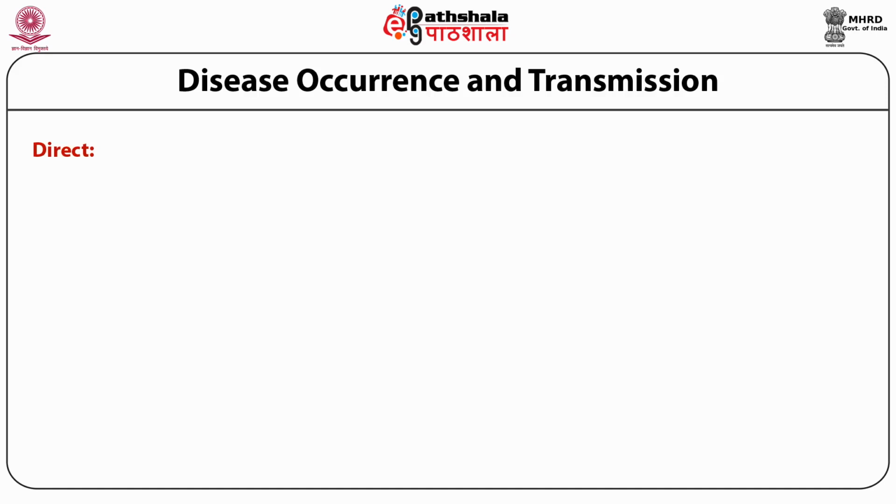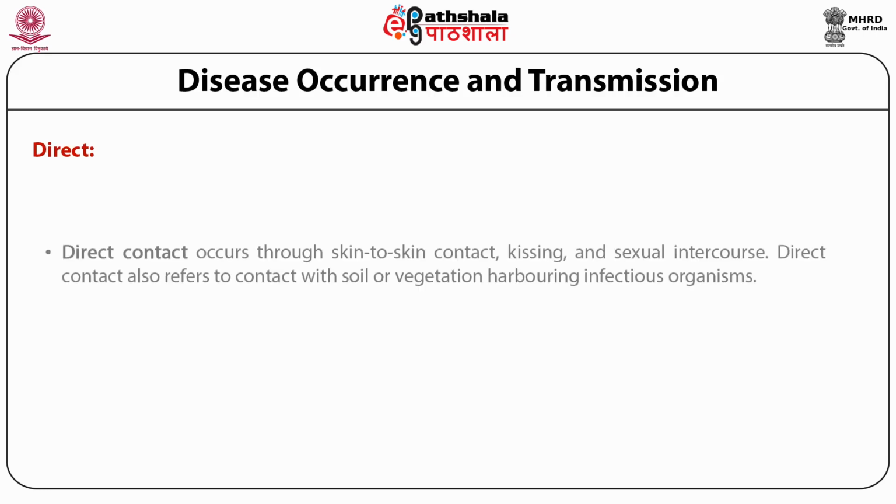In direct transmission, an infectious agent is transferred from a reservoir to a susceptible host by direct contact or droplet spread. Direct contact occurs through skin to skin contact, kissing, and sexual intercourse. Direct contact also refers to contact with soil or vegetation harboring infectious organisms.